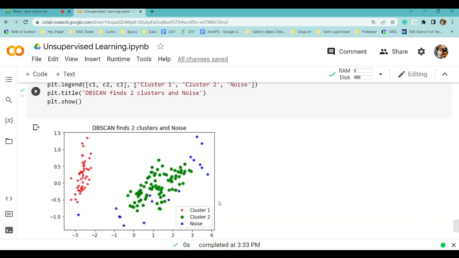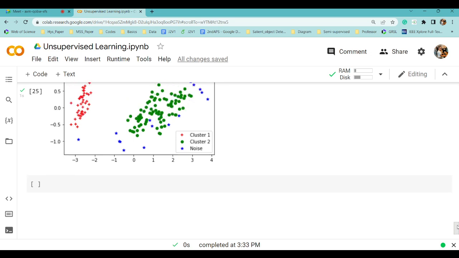See, this is how it has segregated the two clusters. We had three features, but with PCA we took just two, and it is segregating green and red. The blue stars are noise, so it segregates noise as well. In the grass and water example, the blue would represent the butterfly and the other two would be classes. So DBSCAN was able to give two classes and a noise.